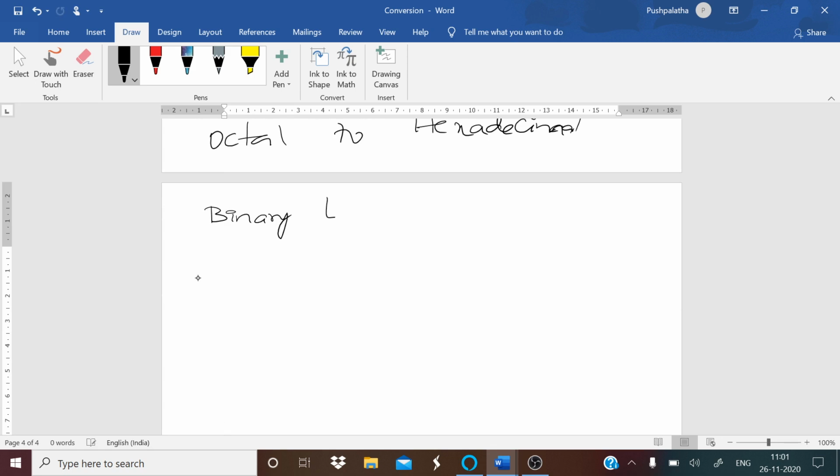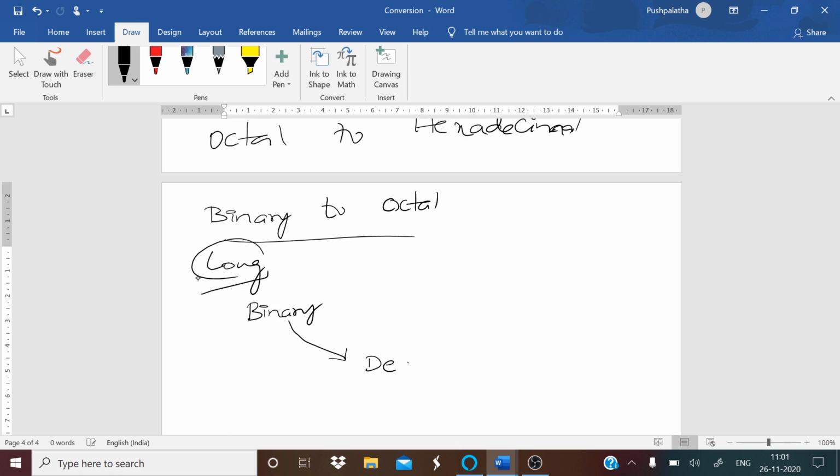Let us first go for the binary to octal conversion. What you are supposed to remember is there are two methods of conversion here. One is the longer method, one is the shortcut method. If you go for the long version, then a binary number has to be converted into a decimal number, and then this decimal number will be converted into an octal number.